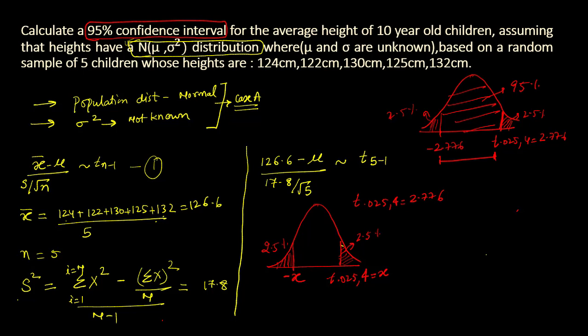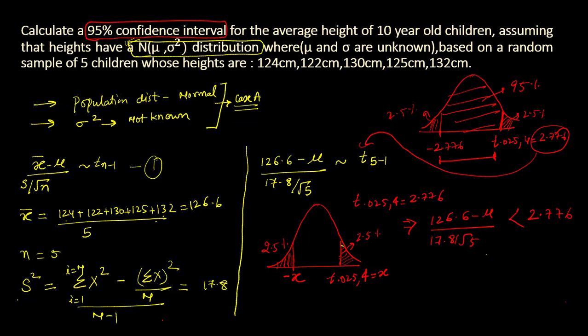Putting this value in the given equation, we would get 126.6 minus mu divided by 17.8 divided by under root 5 is less than 2.776, and it would be greater than minus 2.776.